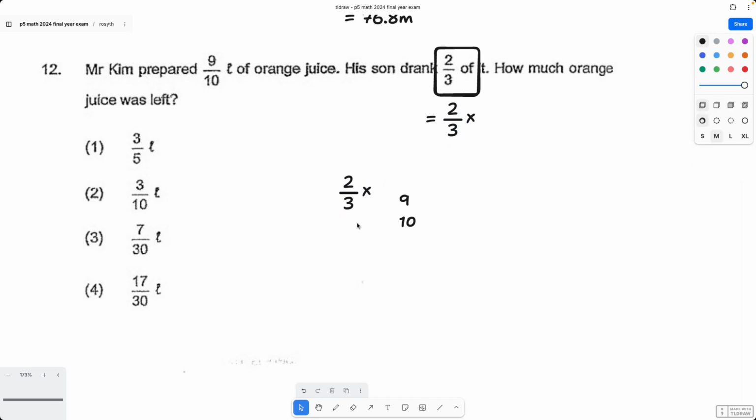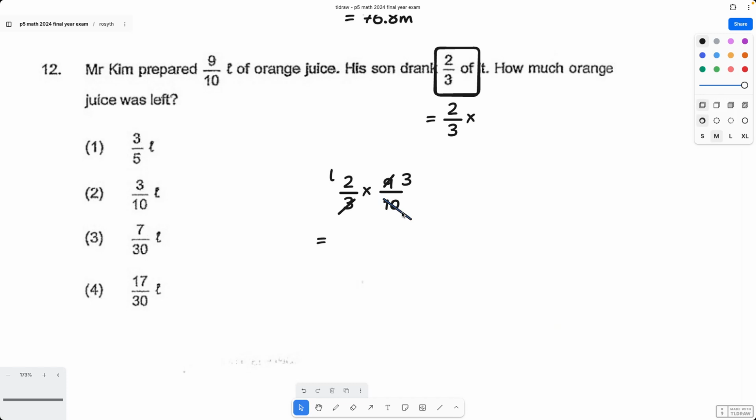Okay, so we're going to multiply this. You can cancel some stuff. You can cancel 3 and 9. So 9 divided by 3 is 3. We'll put 3 here. And then 10, we can cancel this, and then we can cancel 2 as well.